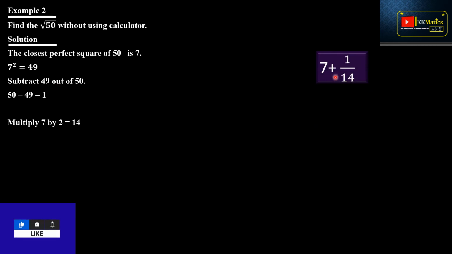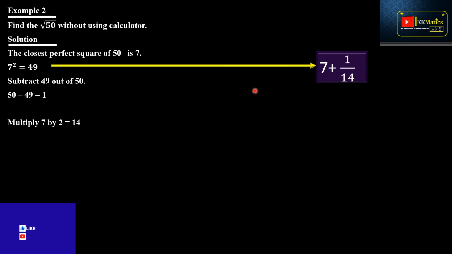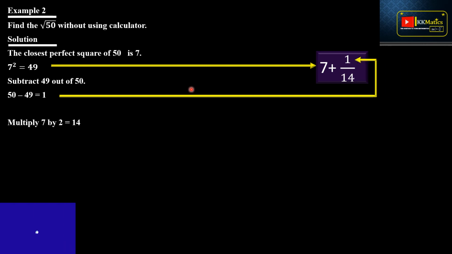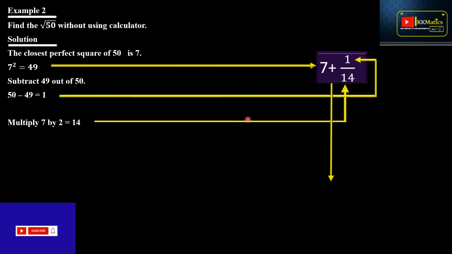The closest perfect square root is 7, the subtraction we did gives the 1, the numerator, and the multiplication by 2 gives the 14, the denominator. The addition of all these gives us 7.071.